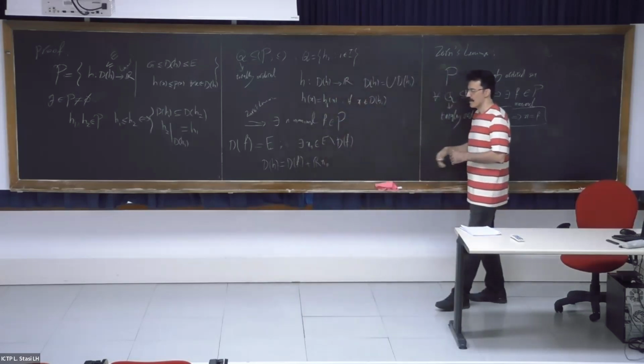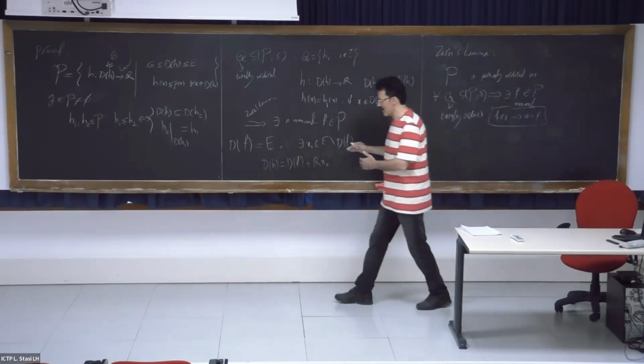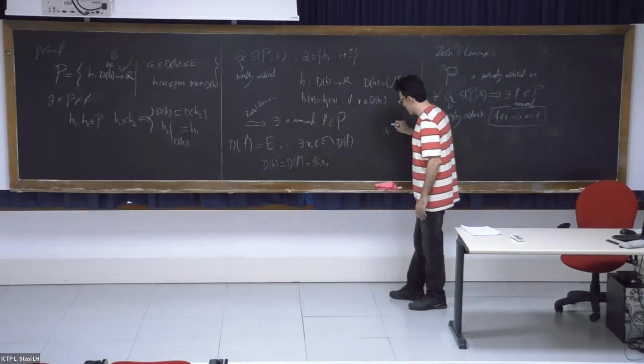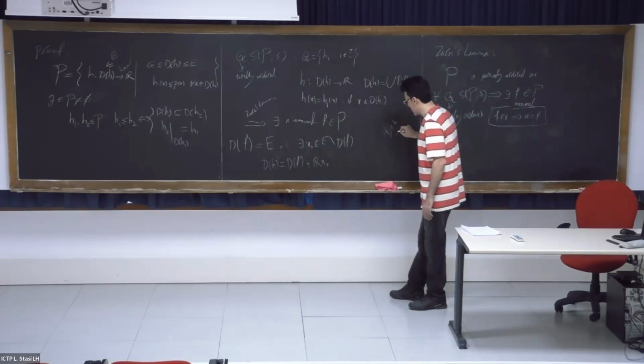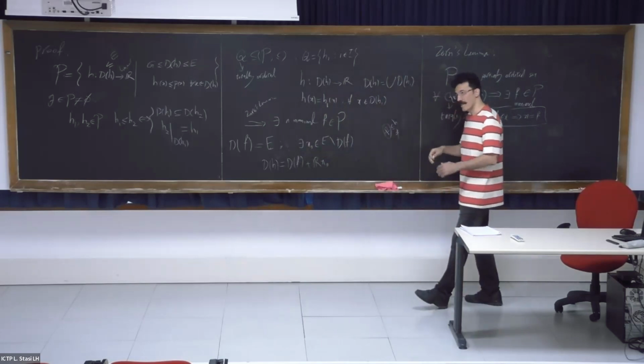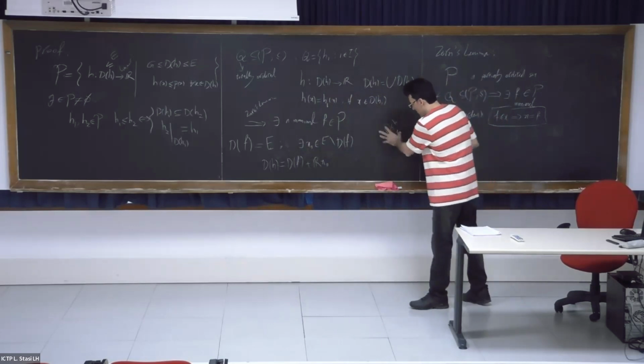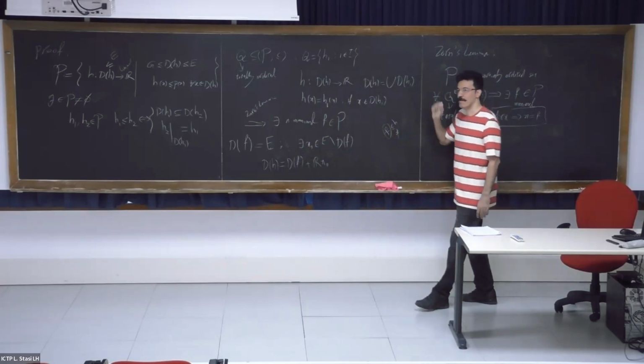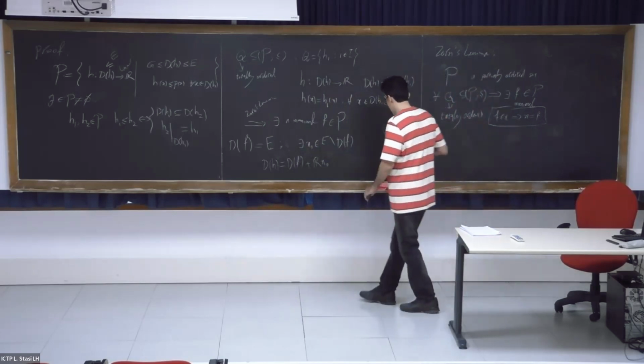The procedure is that we want to find some H greater than F, not equal to F, and so this contradicts the maximality of F.